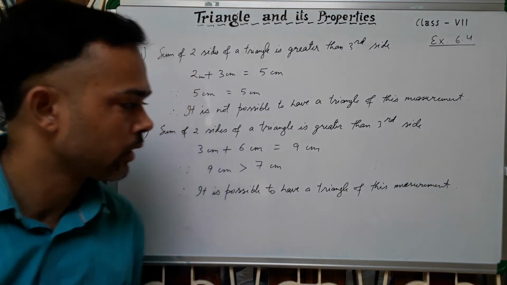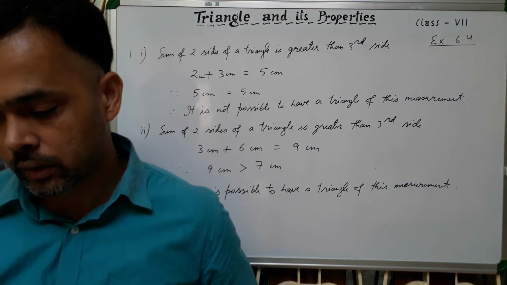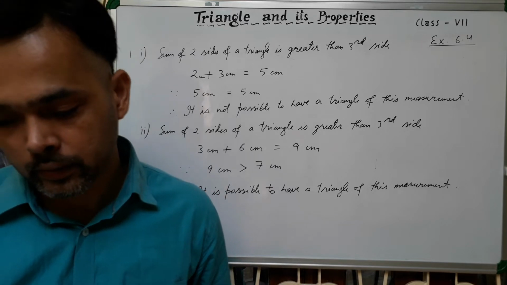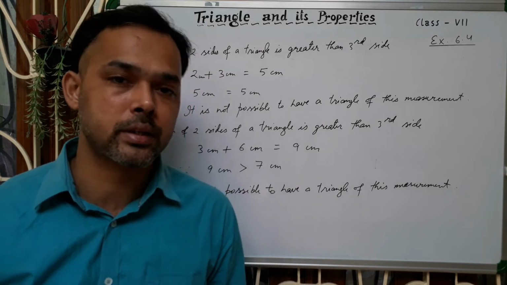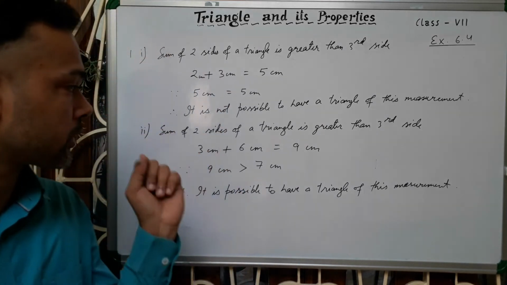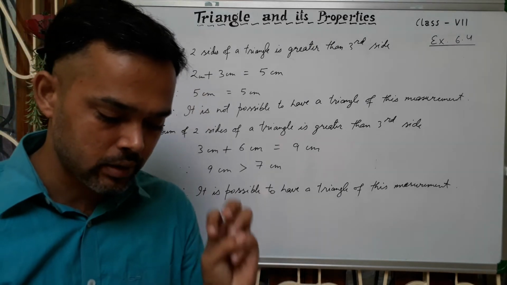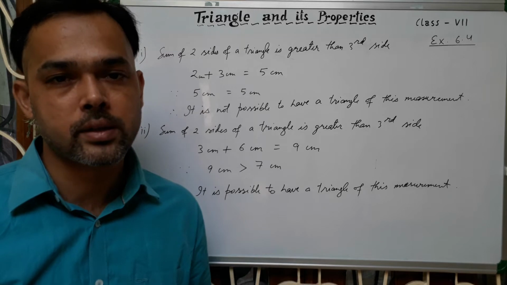Now we are going to do the third part. In the third part, the sides are 6 centimeter, 3 centimeter and 2 centimeter. Let us take the shortest sides.